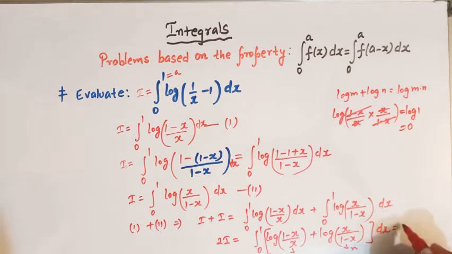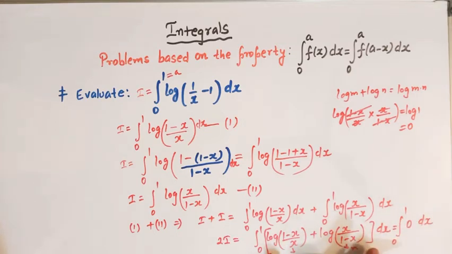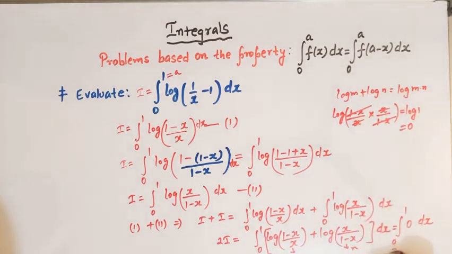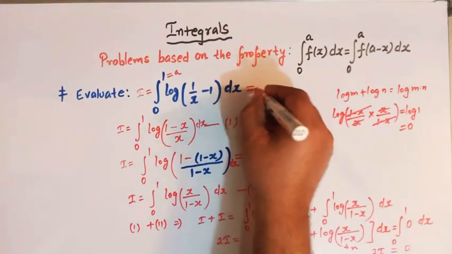So this becomes integral from 0 to 1 of log of 1, it becomes 0 dx. This expression becomes 0 due to this property. So this is equal to 0. So 2I is 0, hence I is equal to 0. So therefore the value of this integral is 0.